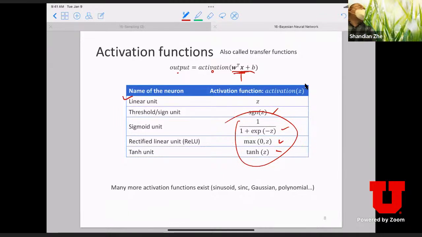These 3 are the most popular, and especially the rectified linear unit, ReLU, has nowadays become kind of a standard choice of activation function. In addition to this, there are more activation functions, like sine, cosine, Gaussian, polynomial, etc. So basically, the choice of activation function is kind of arbitrary. You can choose whatever you want, but the most often chosen will be this one and this one.